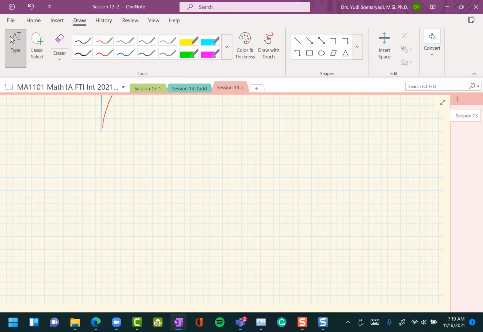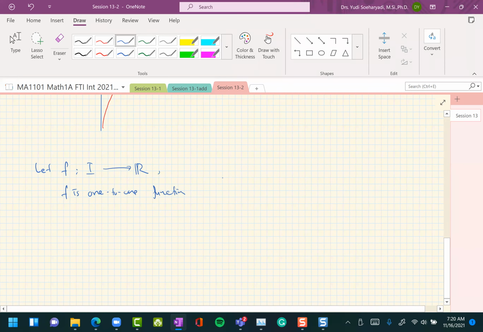Recall that if we have a function f from an interval, say E, we say that f is 1-to-1, or sometimes I call it injective, if for any x1 not equal to x2 in E, the images are not equal.